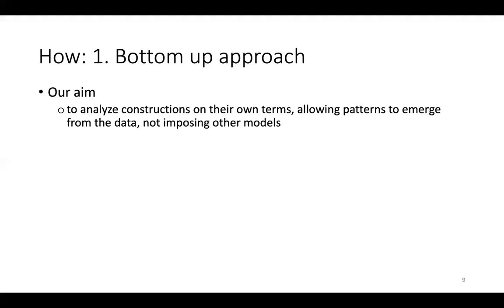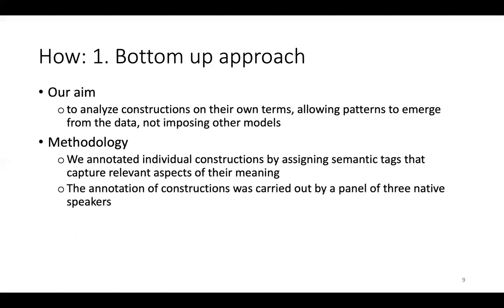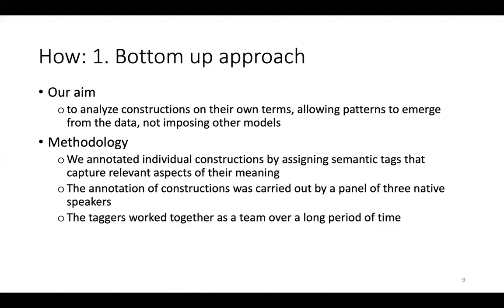So this is an emergent classification. We annotated individual constructions by assigning semantic tags that capture relevant aspects of their meaning. The annotation of constructions was carried out by a panel of three native speakers who worked together as a team over a long period of time. We worked towards reaching a consensus about every single construction.